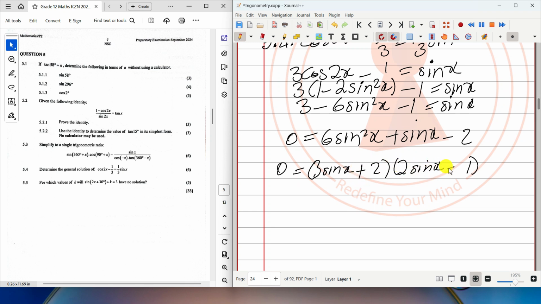Okay, and this must be 2 sine x minus 1. Indeed, it's going to work because this is negative 3 sine x and this is positive 4 sine x. All right, and this is the one that's working. So we have sine x equals negative 2 over 3, or sine x equals half.